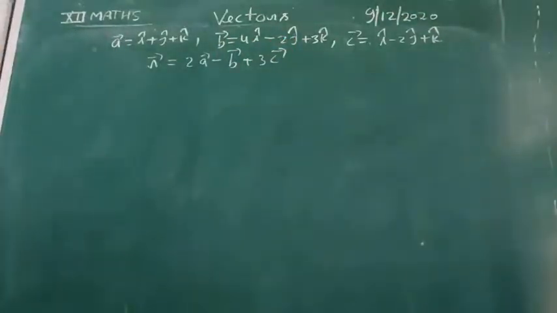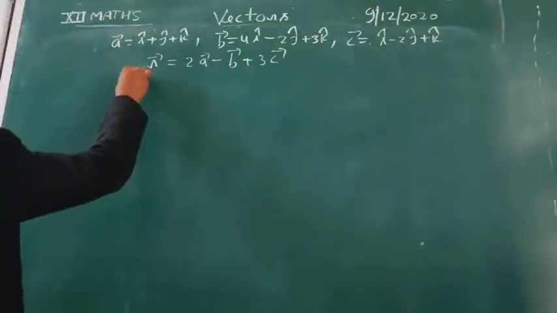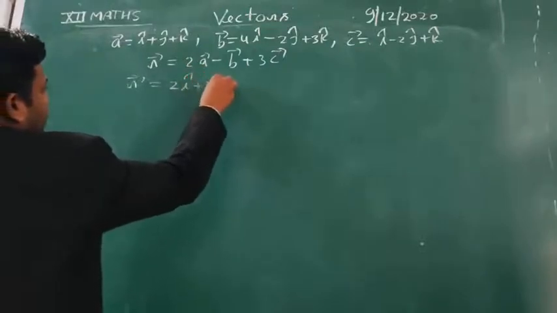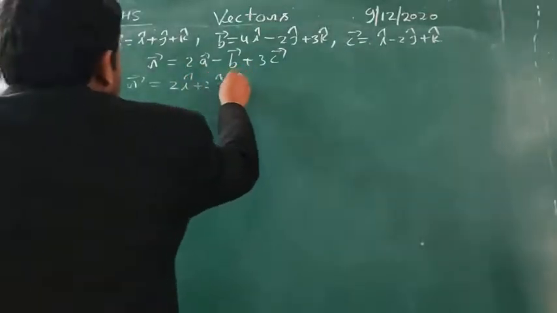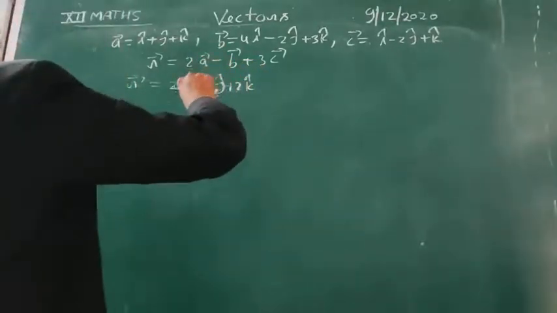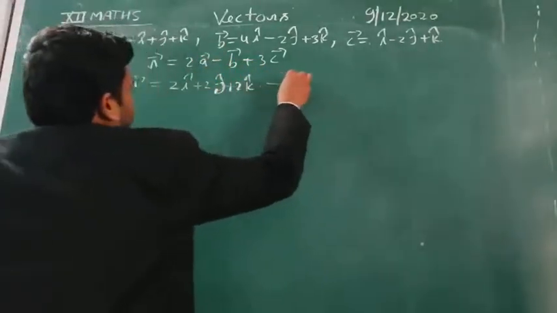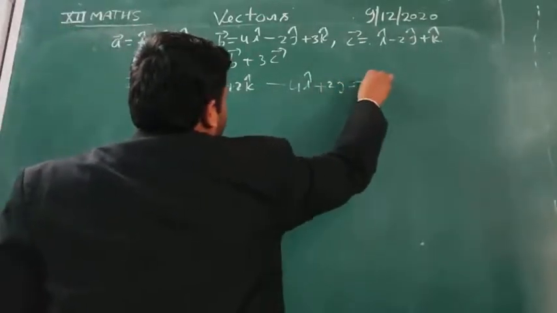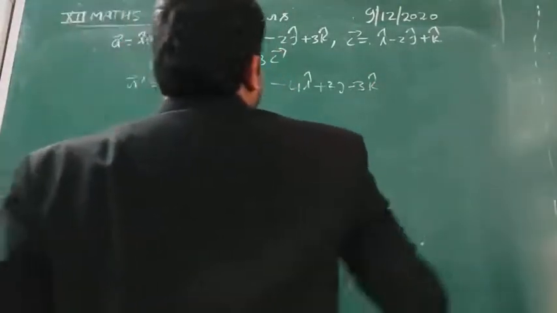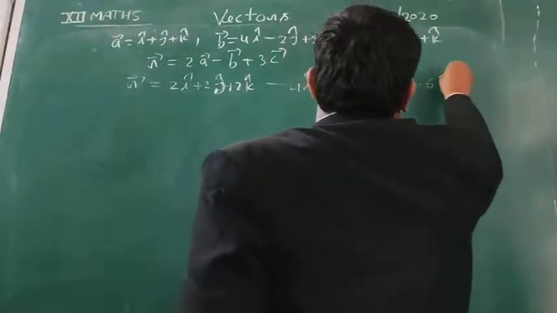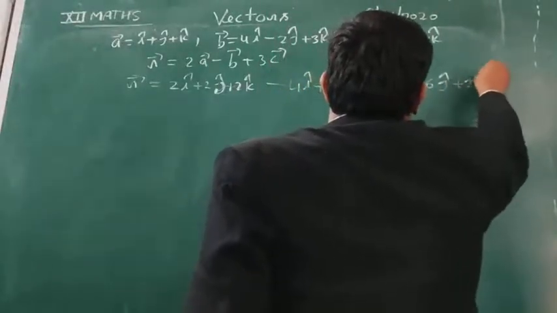Because our vector is parallel to this vector r, r will be 2i plus 2j plus 2k. Okay, and minus b: minus 4i plus 2j minus 3k, and plus 3c: plus 3i minus 6j plus 3k.